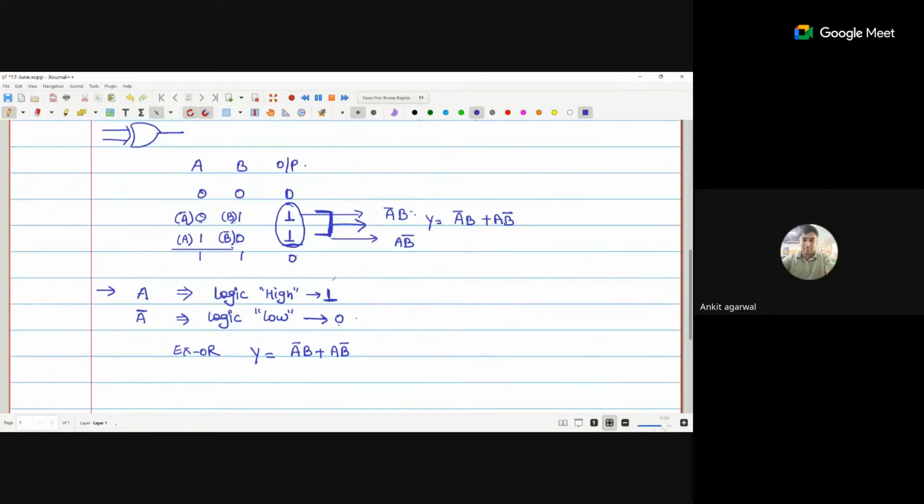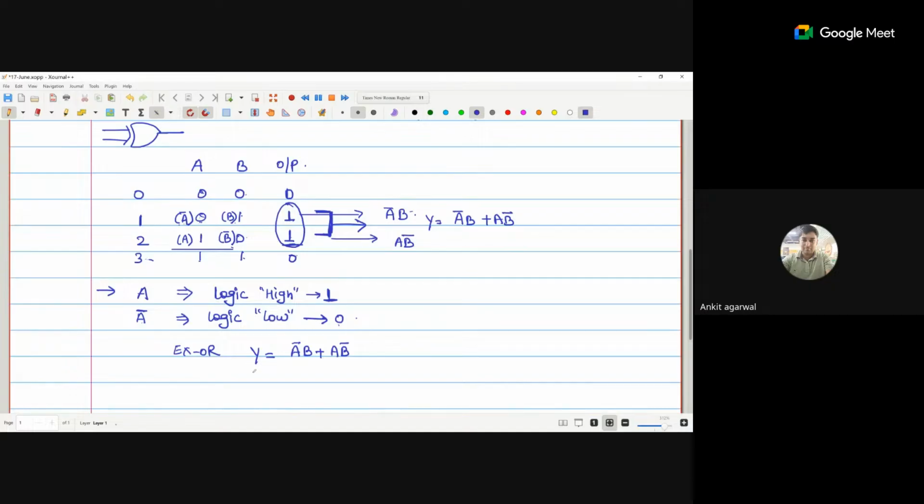Clear? Now, if we go with the decimal equivalent of these binary numbers, 0 0 will be 0, 0 1 will be 1, 1 0 will be 2, and 1 1 will be 3.